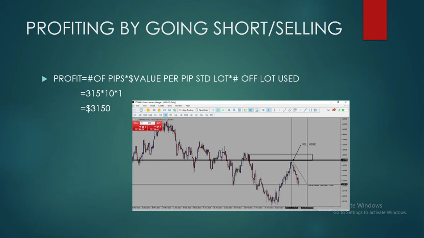If price goes against what you want, for example, if we had taken a sell here and price was moving against us, then it means we'll be making a loss. The calculation to see your loss is just the same. You'll be inputting those pips into this formula, along with the lot sizes that you put when placing your trade. We'll cover all these and show you how to do that in our next video.